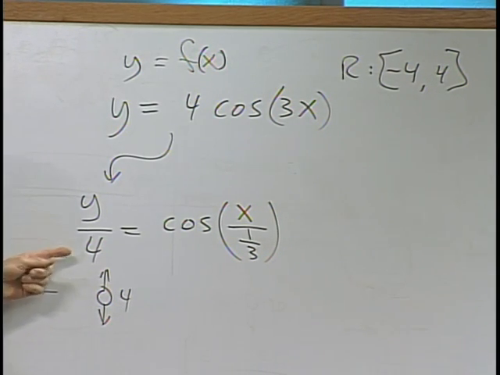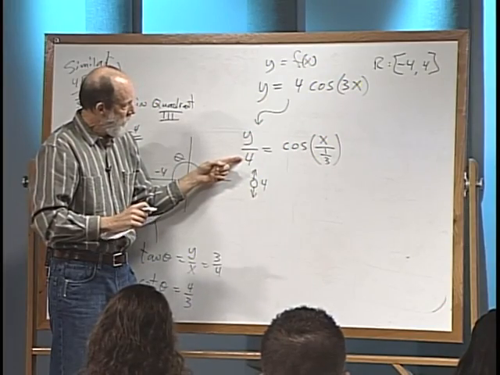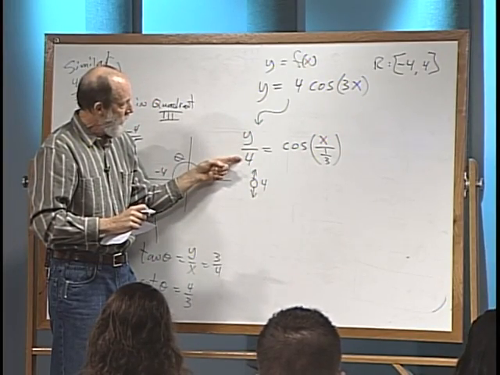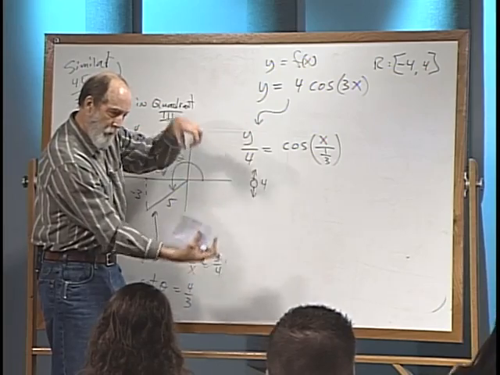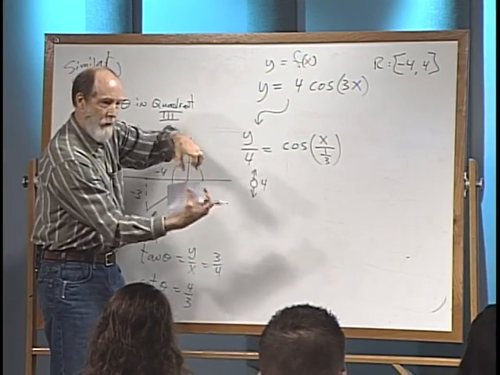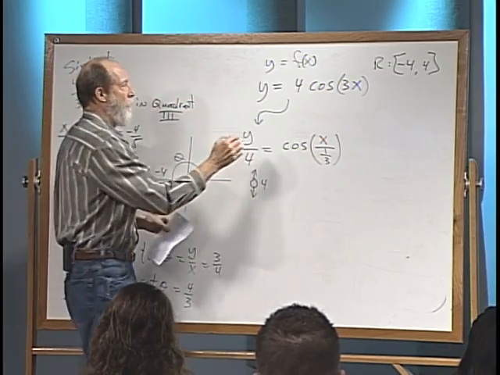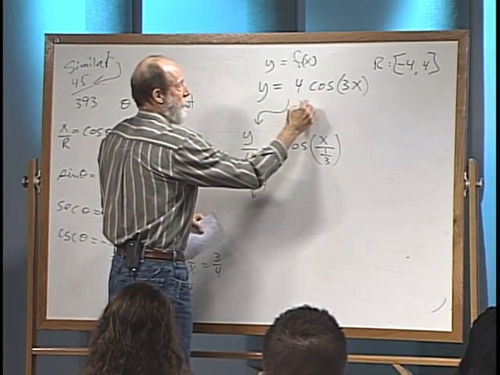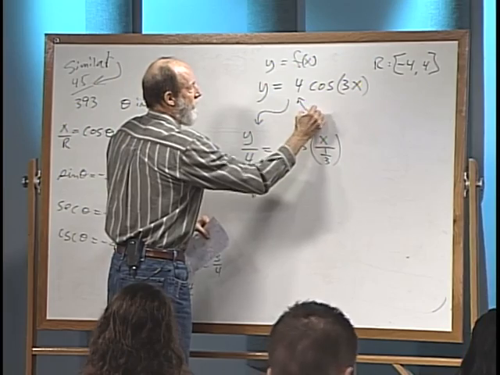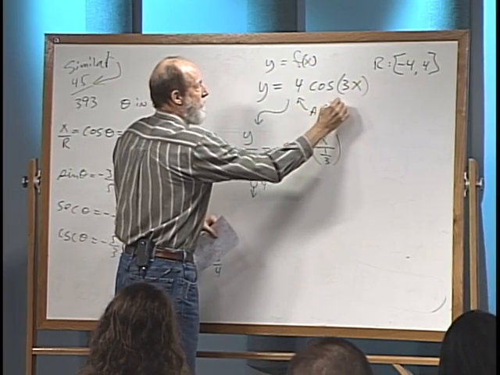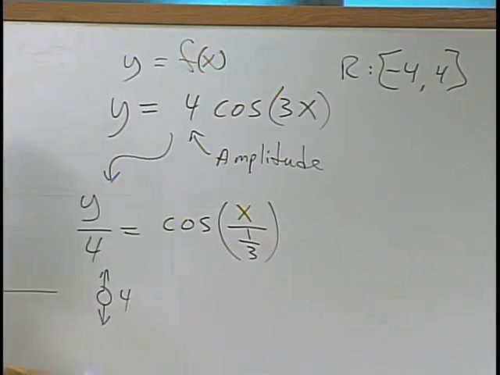I'm repeating myself from previous sessions. Over here, you know that your y behavior has been adjusted by a multiple of 4, causing a vertical stretch or amplification. Might as well introduce that word since we're going to talk about it later today. This is the amplitude.